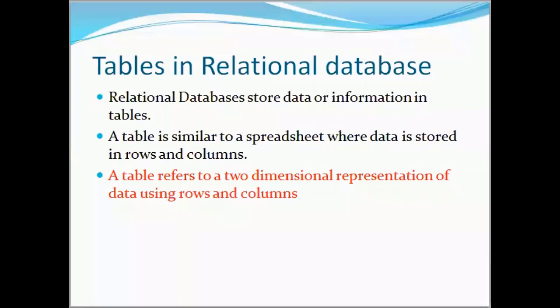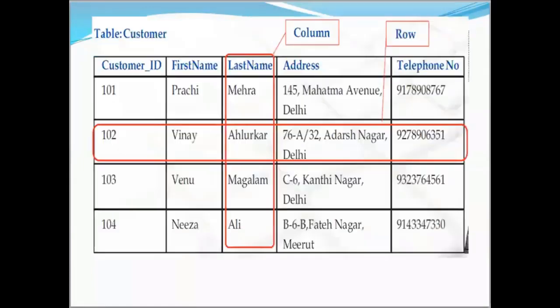A table refers to a two-dimensional representation of data using rows and columns. It is like a spreadsheet where data is stored in form of rows and columns. Let's see an example of such table. So here you can see a table customer with 5 columns.